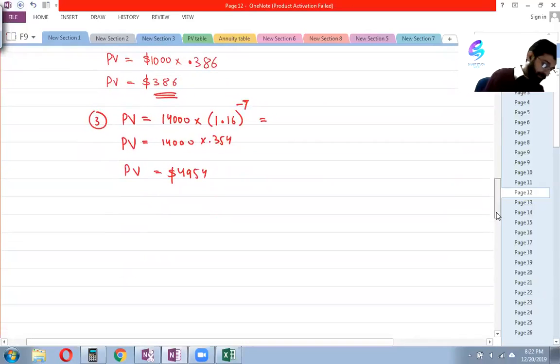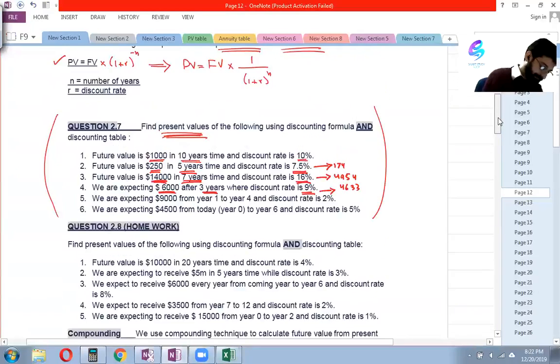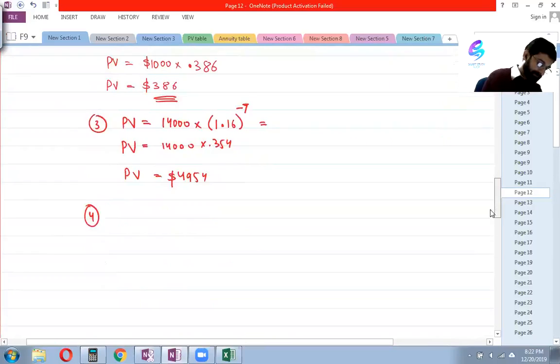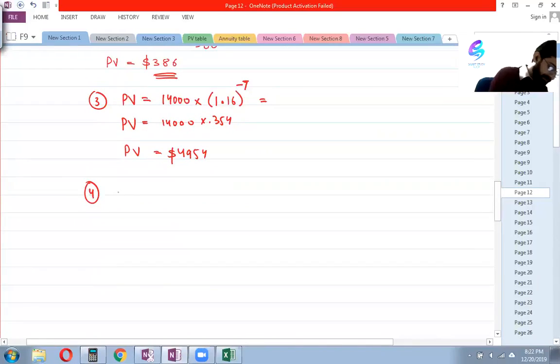And similarly, the fourth question is saying that you get 6,000 after 3 years, and the discount rate is 9%. So again, present value is equal to 6,000. That is after 3 years, so minus 3. And the discount rate is 6%, so 1 plus 6%.